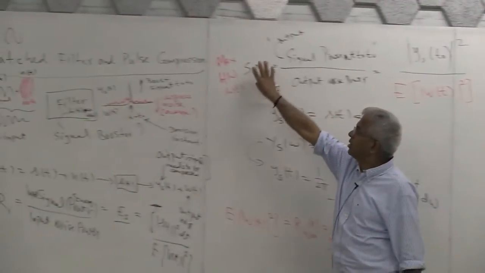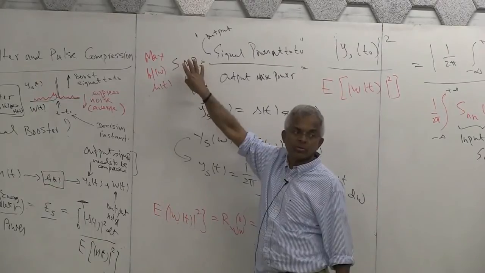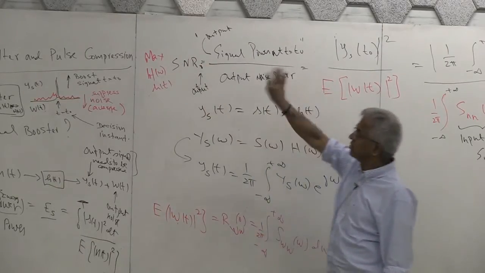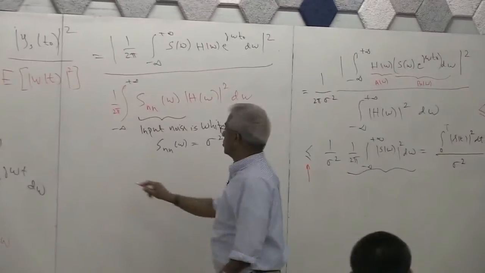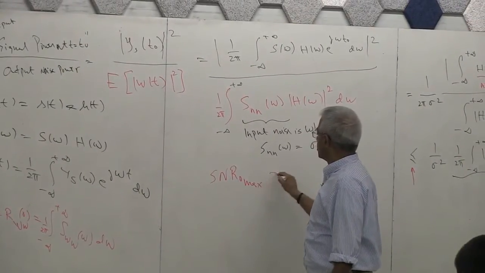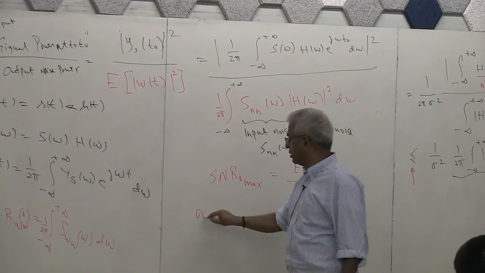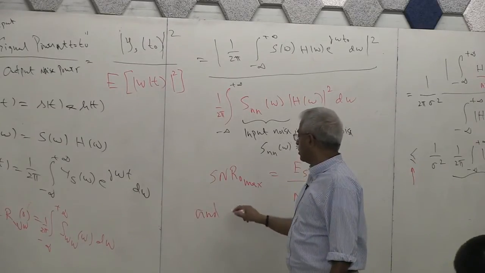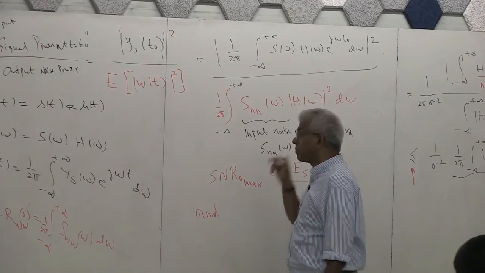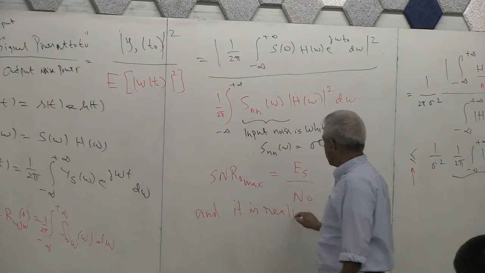So the best you can do, what is the maximum value of this quantity? Anyone? What is the maximum you can drive this to? ES over N naught. That's the maximum value. So you conclude that SNR output maximum is going to be ES over N0. And when will you realize that?